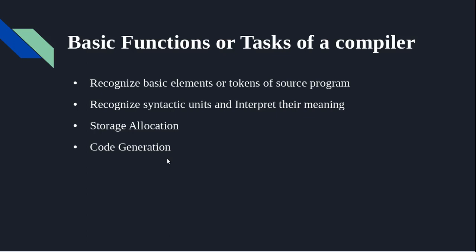Code generation means depending upon the target machine, we have to convert our source program into the machine code representation. That will be the fourth main task of the compiler, that is code generation. So these are the basic functions or four tasks of a compiler.